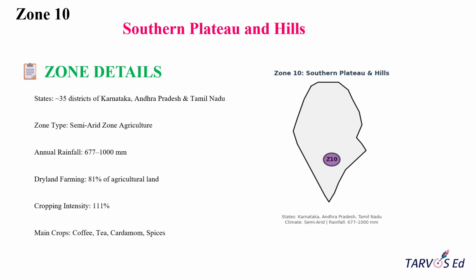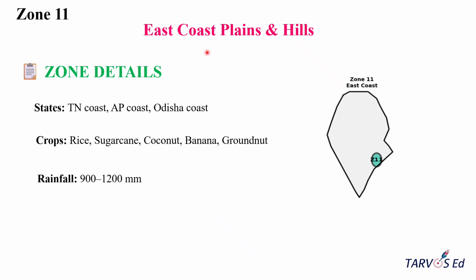Okay, and this is zone 11, east coast plains and hills, and this covers the coastal region of Tamil Nadu, Andhra Pradesh, and Odisha. The rainfall here is 900 to 1200 mm annually, which supports a mix of food crops as well as cash crops. The main crops grown are rice, sugarcane, coconut, banana, and groundnut.